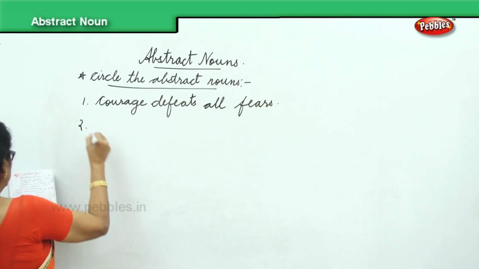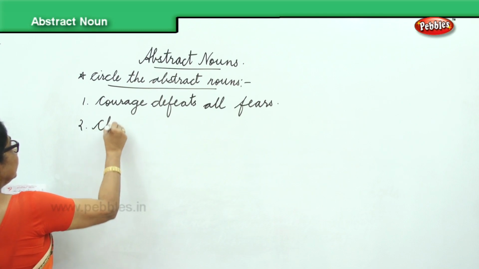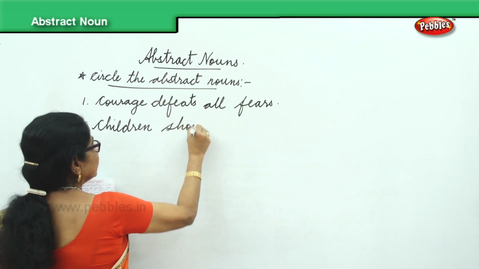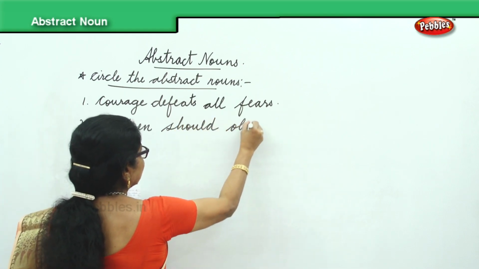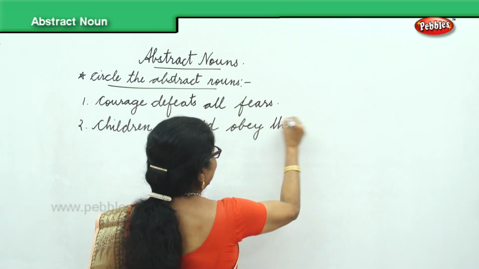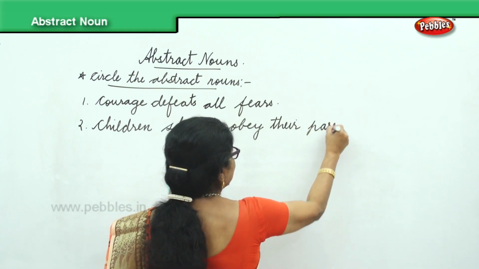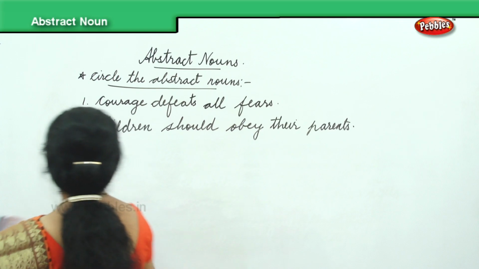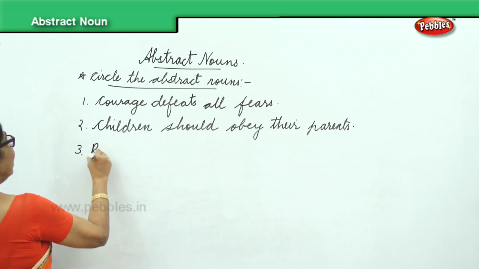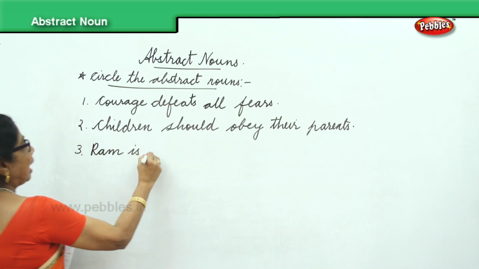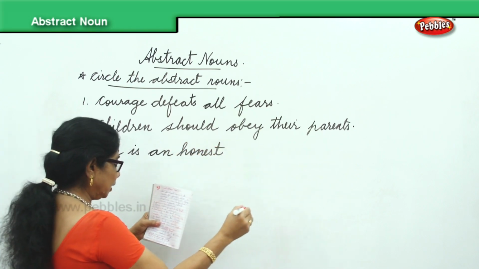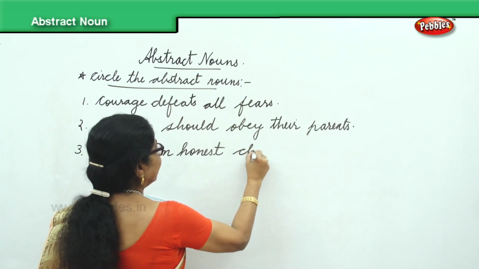Next I have here, children should obey their parents. Next we will have, Ram is an honest child.